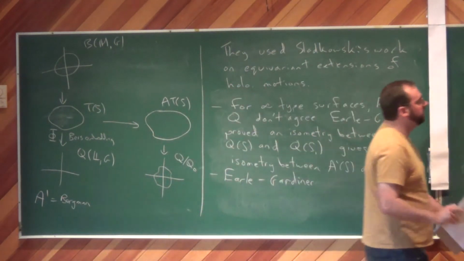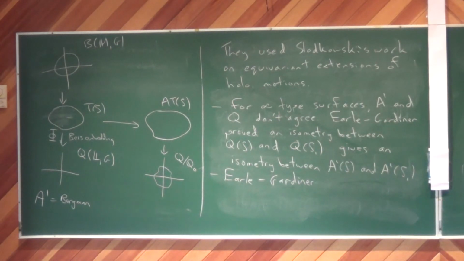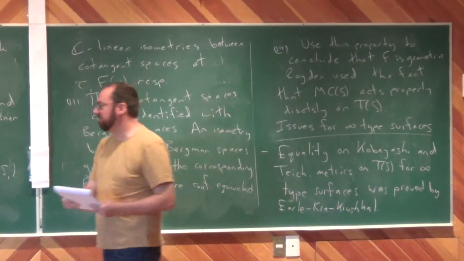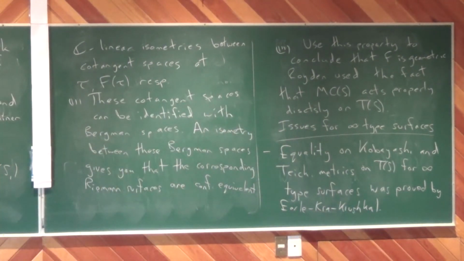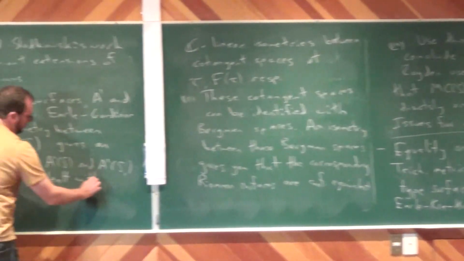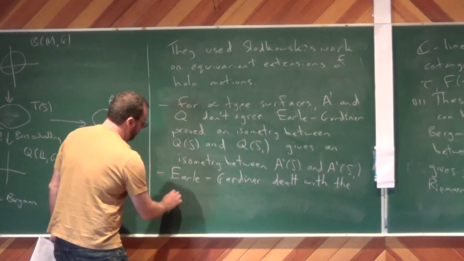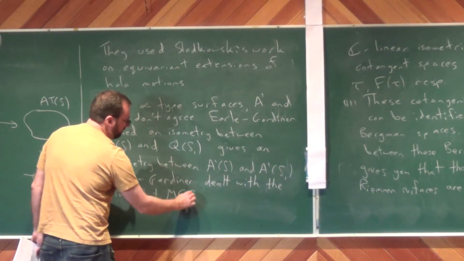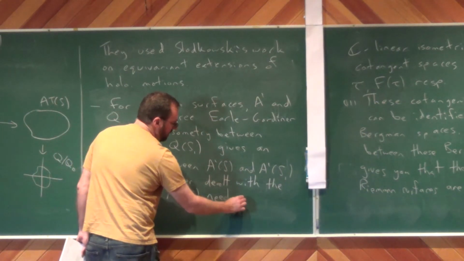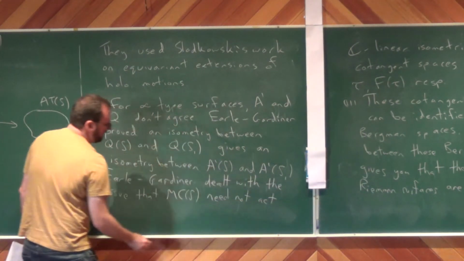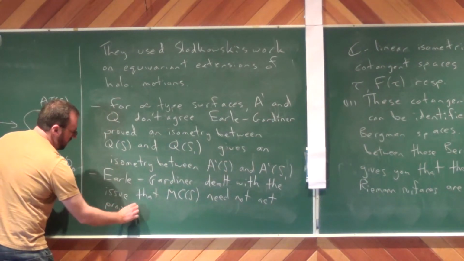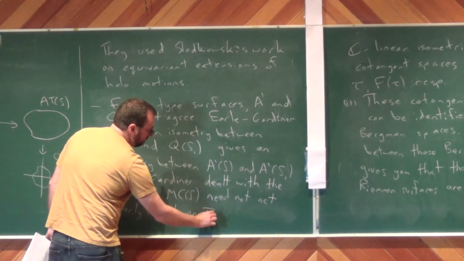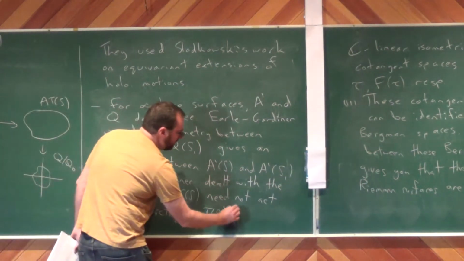Earle and Gardiner also took care of the problem that the mapping class group of S need not act properly discontinuously on Teichmüller space when you have infinite type surfaces.